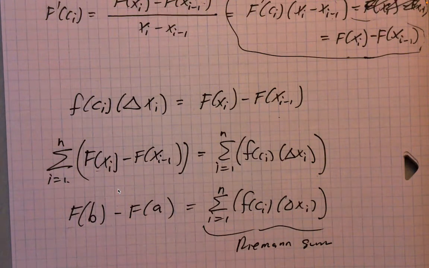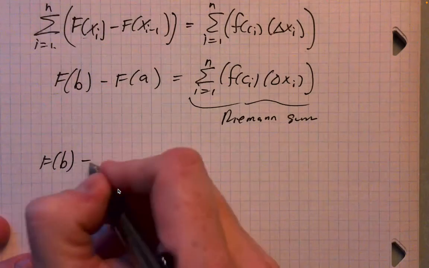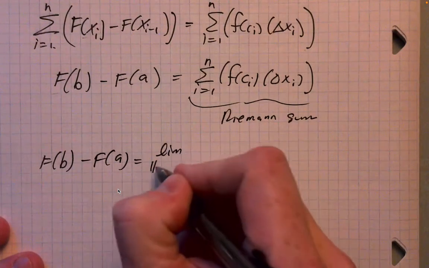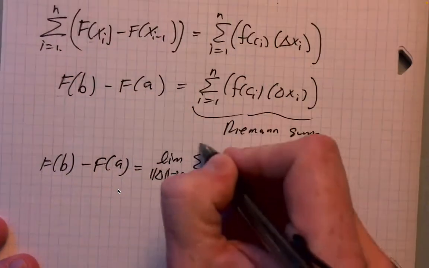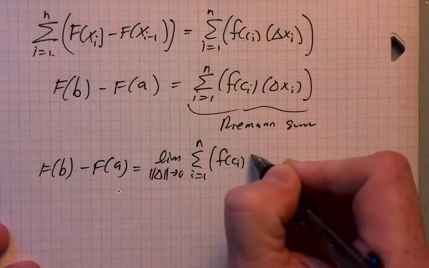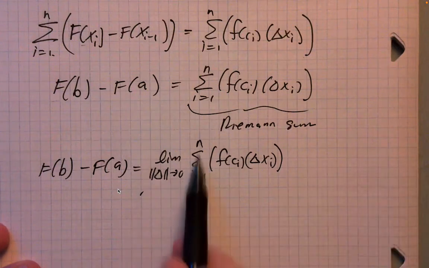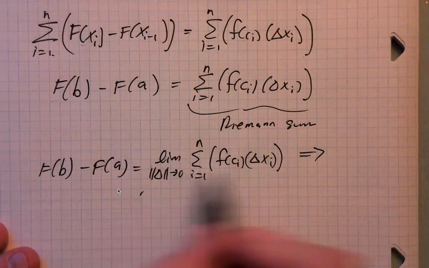So let's write it out. f of b minus f of a equals the limit as the norm of the partition goes to 0 of the sum i equals 1 to n of f prime of ci times delta xi. Now what happens here? What do we call this? That's the definite integral, isn't it?